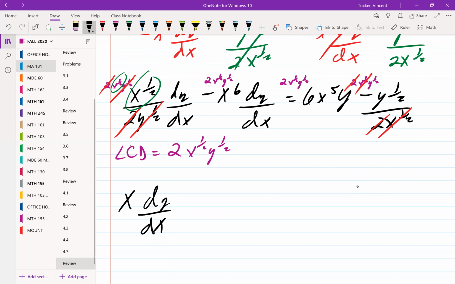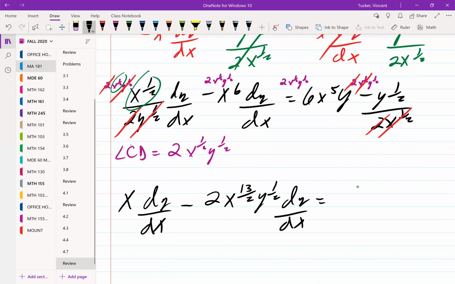Now here we have 1/2 plus 6, 6 1/2. That's clean. 13 over 2 dy dx.